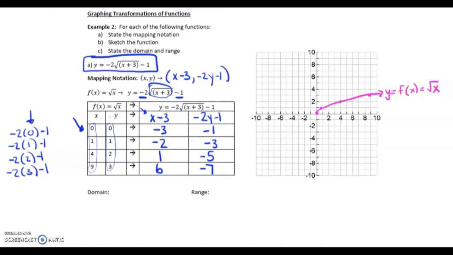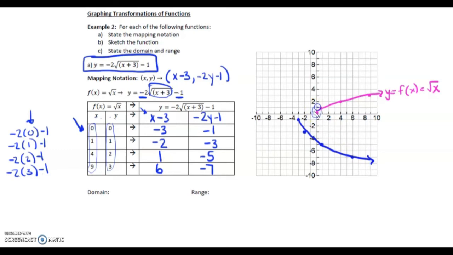As for our transformed function, we're going to plot it at -3, -1, -2, -3, 1, -5, 6, -7. Okay, and these are going to connect like this.